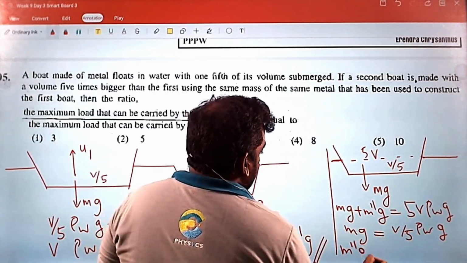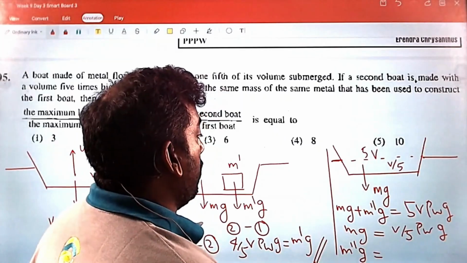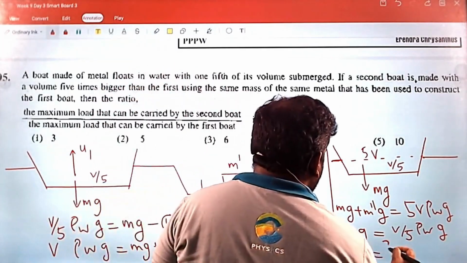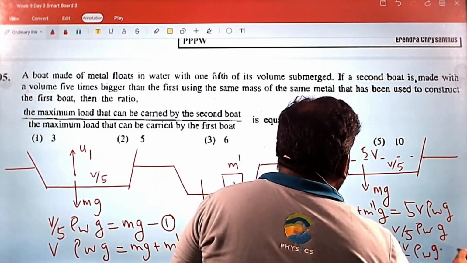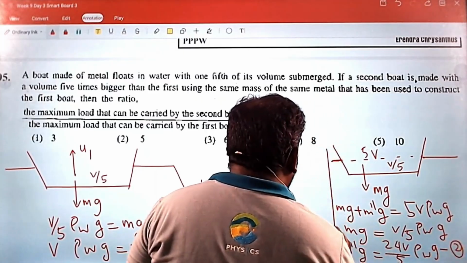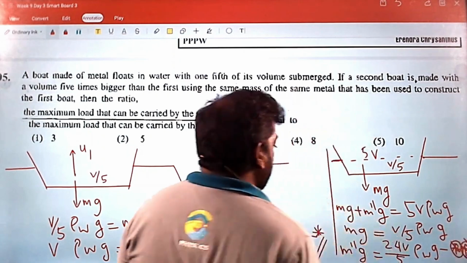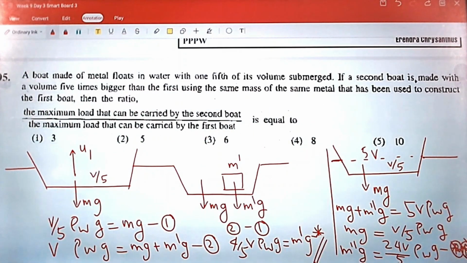So m double dash g, subtraction: 5V minus V over 5, that is 25 minus 1, 24V divided by 5, rho w g. You can name this double star. The same weight means same submerged volume.